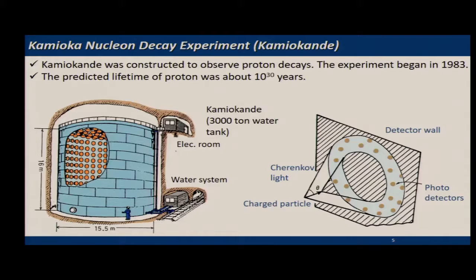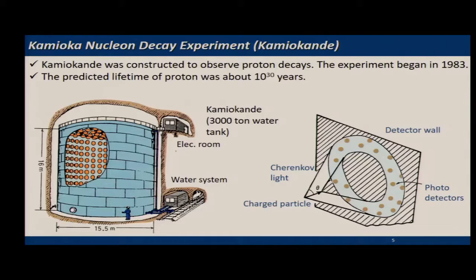The predicted lifetime of proton was about 10^30 years. So we wanted to observe the decay of protons with the Kamiokande experiment. It was a large water detector with the diameter of about 16 meters and the height of also 16 meters.